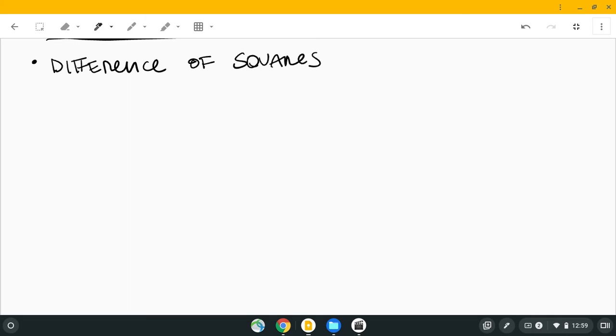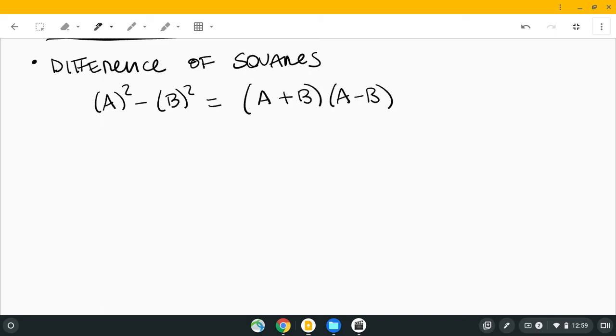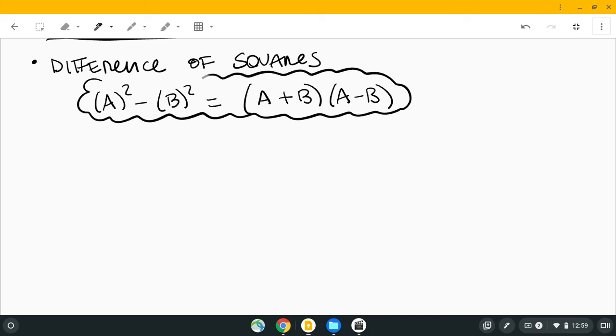If you notice that you have a difference, meaning subtraction, of perfect squares, a squared minus b squared, then this is going to factor out to a plus b, a minus b. And hopefully you already have this memorized from the previous class.